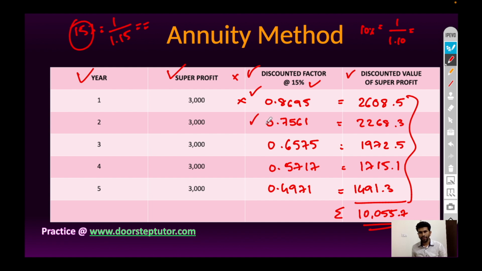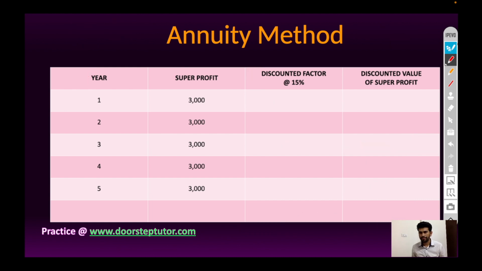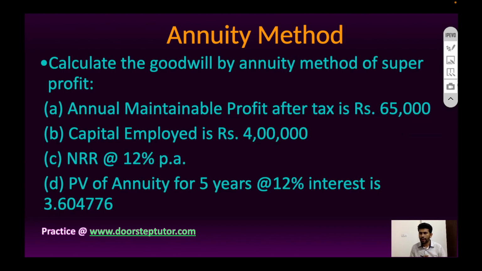And likewise, if discounted factor is 9%, then 1 divided by 1.09, we get discounted factor for the first year, and again equal sign for the second year, and likewise. So the method of calculation of goodwill under annuity method depends on the type of question.